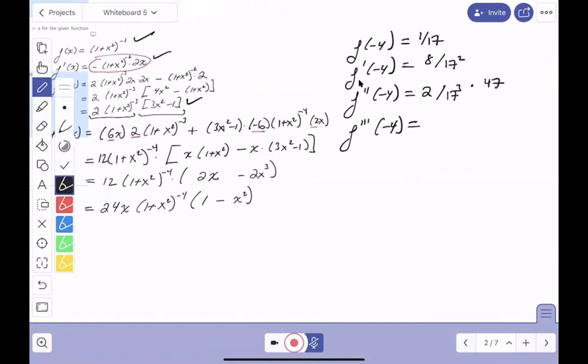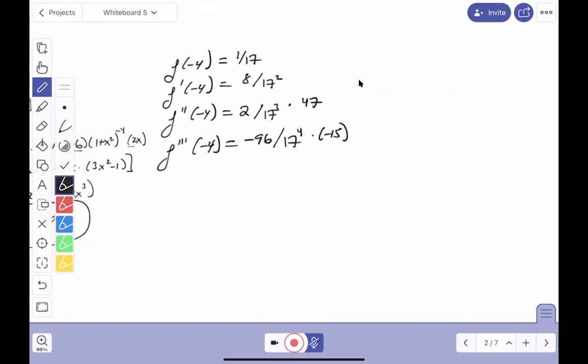Oh boy, the fourth one's over here. I'm sorry, third one was minus 4. Let's see, 4 times 24, it's 80, it's 60, 96, minus 96 over 17 to the 4th power times 1 minus x squared. Well, if x squared is going to be 1 minus 15, right?